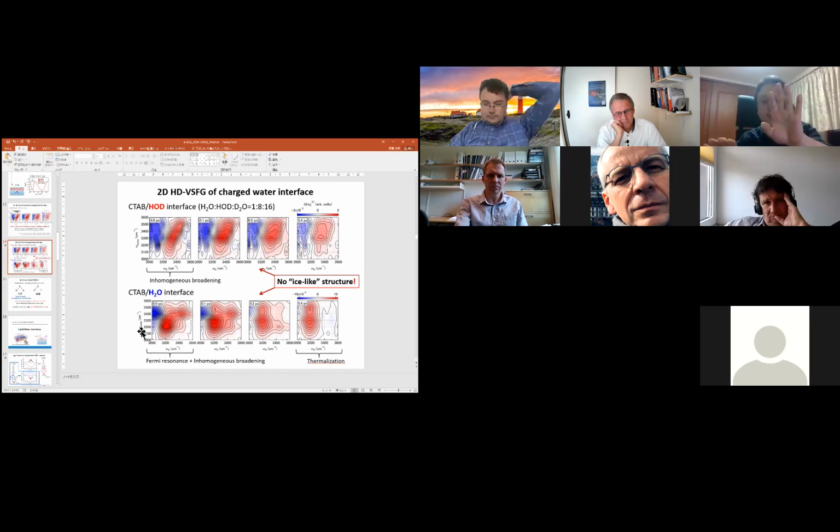When the portion which has nice resonance with, say, the overtone of the bending, it nicely splits. But when the frequency of the untapped free OH deviates from that frequency, the splitting becomes smaller. So in this way, we can nicely observe the appearance of the double peak.